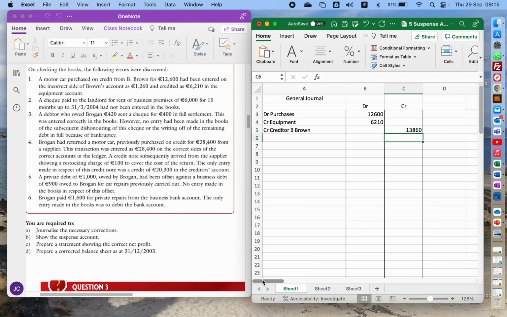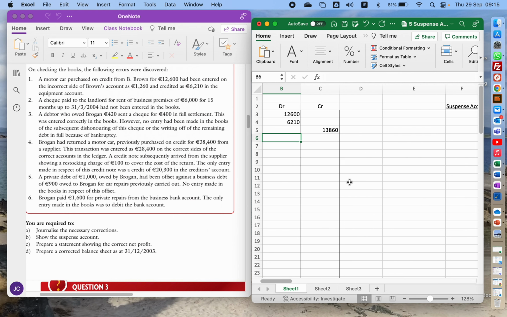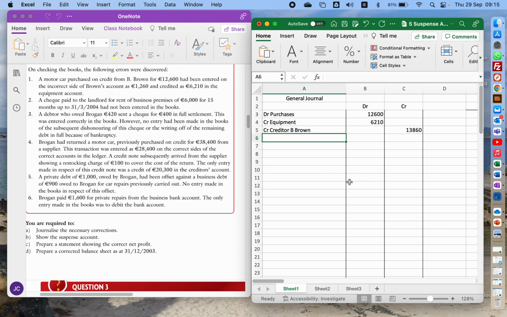Now let's just double check that I have all of that in. So I have my credit in equipment, debit in purchases, and those 2 numbers put together on the credit side of B. Brown. So I have that done right. So that means I'll need a suspense, and suspense is the difference between the 2 sides. So this is the smaller side, so I'll be putting it in the small side here.